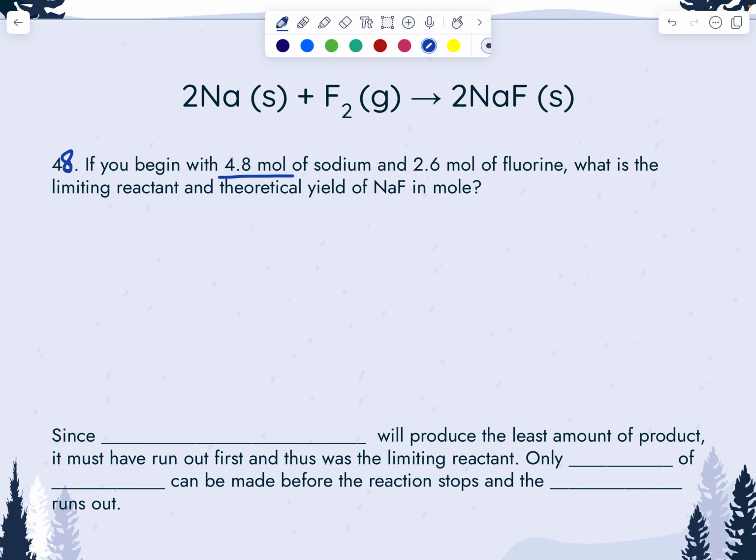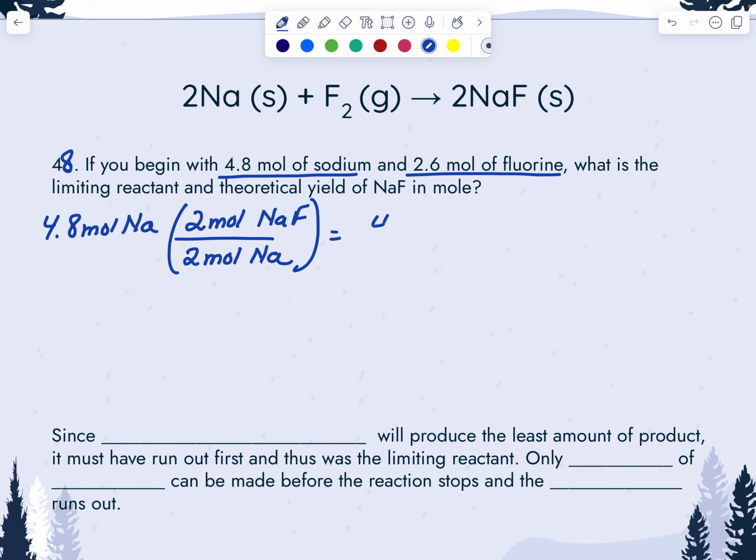Okay, so these are the 2 reactants that I'm starting with. Which one runs out first? That's what I have to figure out. So I just start with 4.8 moles of sodium, and I look at the coefficients from the balanced chemical equation. 2 moles of sodium will be used to produce 2 moles of sodium fluoride.